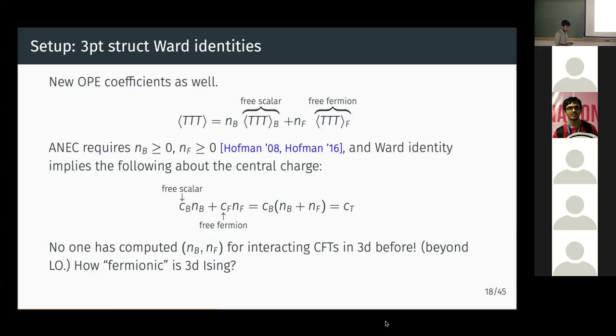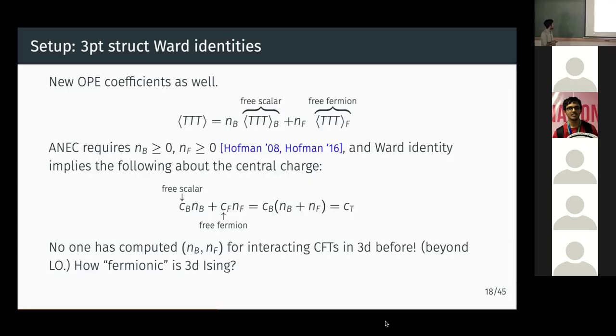In particular, for any interacting theory, these should be strictly positive. The only thing that's allowed to saturate this, being 0, are free theories. And these are related to the central charge through this relation here. So this is some standard central charge for the free boson, free scalar, free fermion.